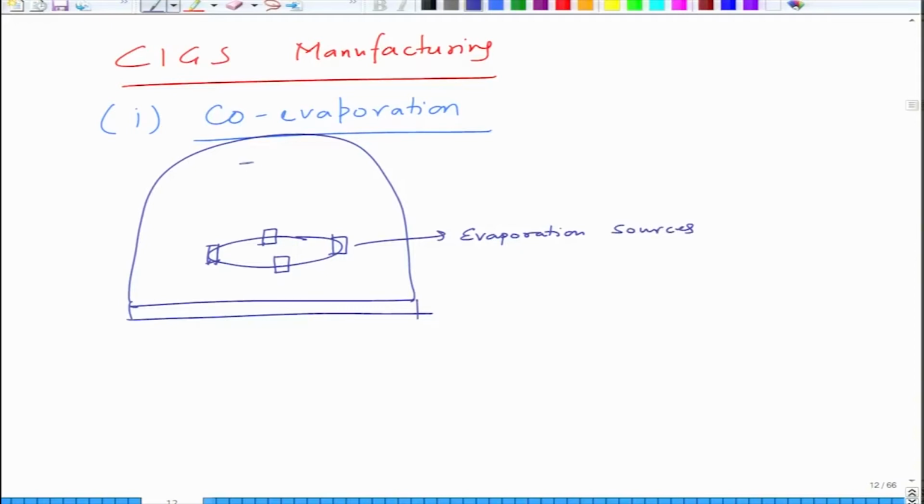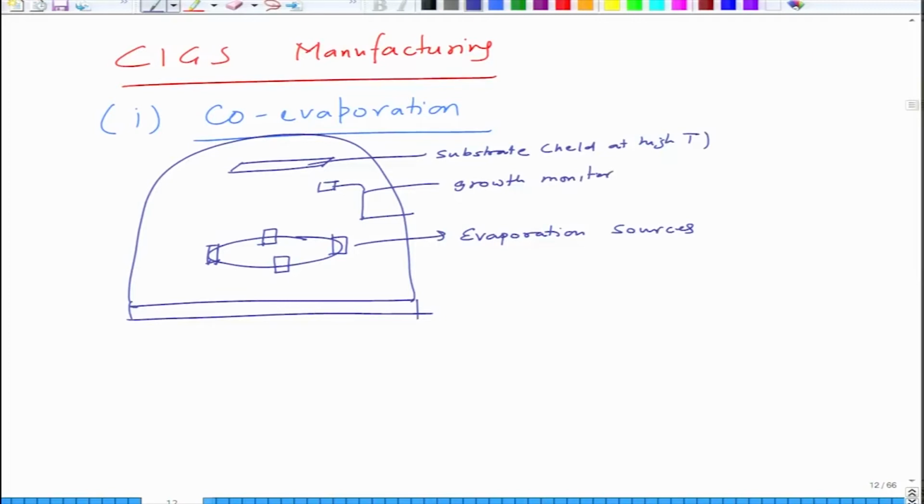And then we have the substrate held at high temperature, and somewhere here there could be a growth monitor. So as you apply electricity to these, as you heat them, there will be evaporation of, for example, copper, indium, gallium, and selenium, and of course it is connected to a pumping system.